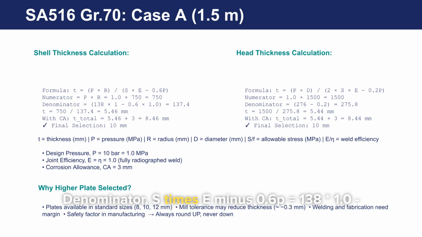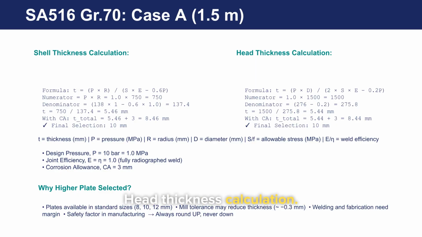Denominator, S times E minus 0.6 P equals 138 times 1.0 minus 0.6 times 1.0 equals 137.4. Therefore, T equals 750 divided by 137.4 equals 5.46 millimeters. Including corrosion allowance of 3 millimeters, T total equals 5.46 plus 3 equals 8.46 millimeters. Final selected thickness, 10 millimeters.